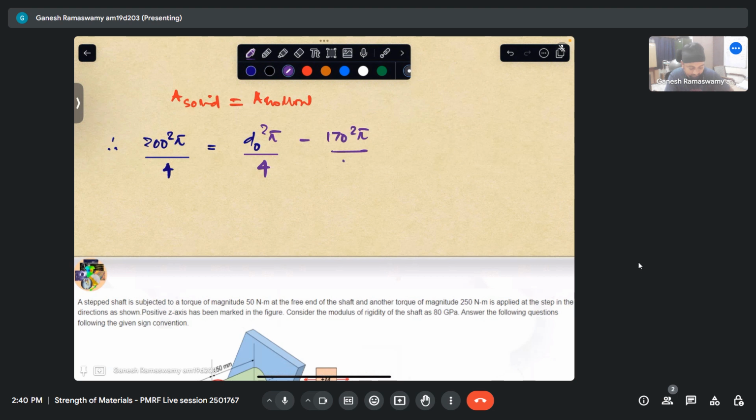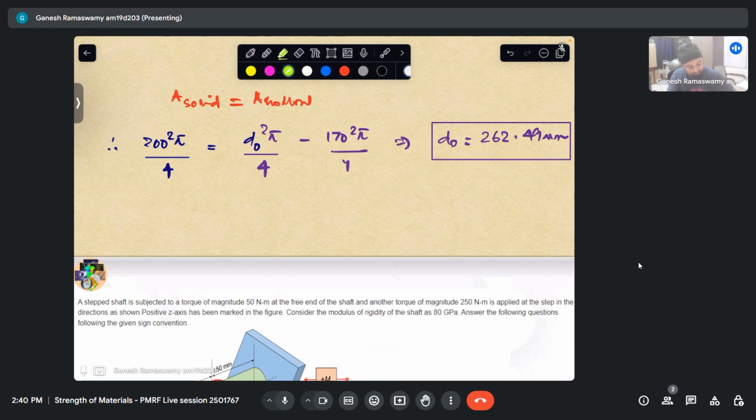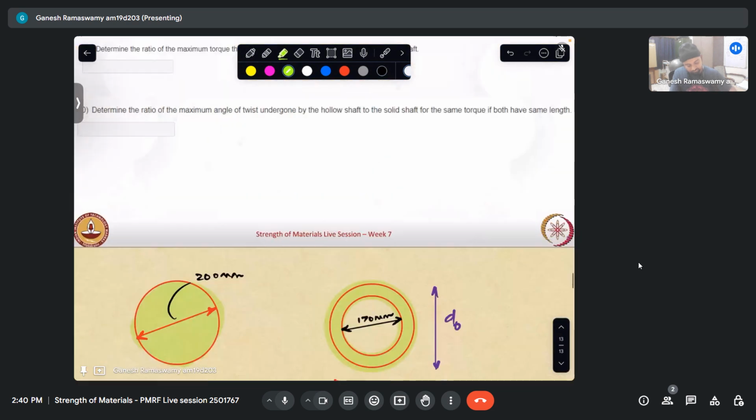So from here, solving for d outer, it comes out to be 4 by 5 square root of this, which comes out to be 262.49 mm. So this much we know about the hollow shaft also now.